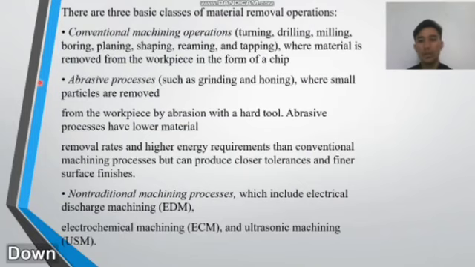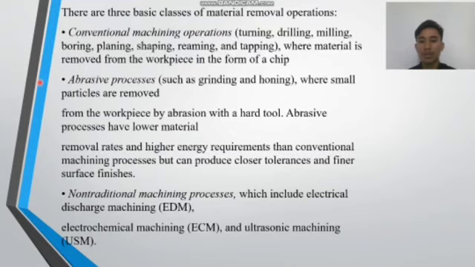Next, there are three basic classes of material removal operation. Conventional machining operations, such as turning, drilling, milling, boring, planing, shaping, reaming, and tapping, where material is removed from the workpiece in the form of a chip. Abrasive processes such as grinding and honing, where small particles are removed from the workpiece by abrasion with a hard tool.